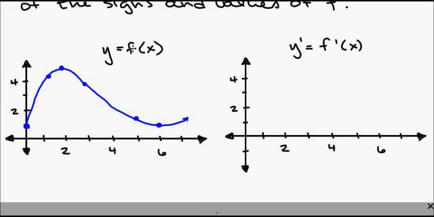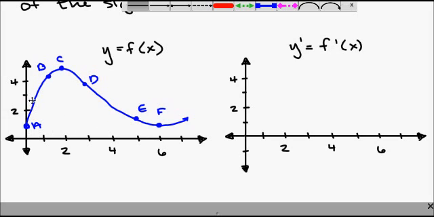So what I'm going to do, I have points A, B, C, D, E, and F. I'm going to find the slope of the function at each point, and the slope is going to correspond to a y value on this graph. So I'll show you what I mean.